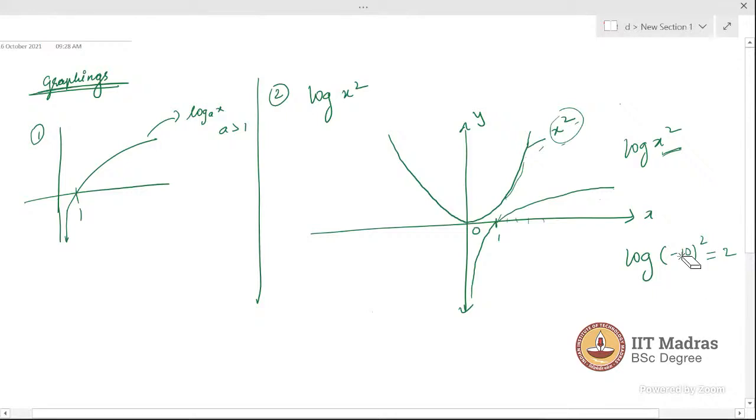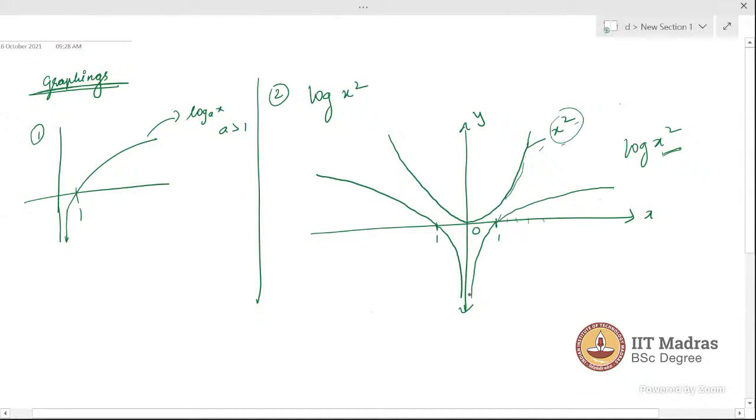So no matter what negative values you give, at 1 it is 1 and at 0 it is an asymptote. This function is increasing, so my log will also increase, and it will increase towards this side. Why this side? Because we are taking negative x, squared.